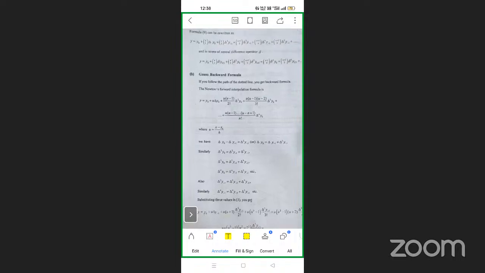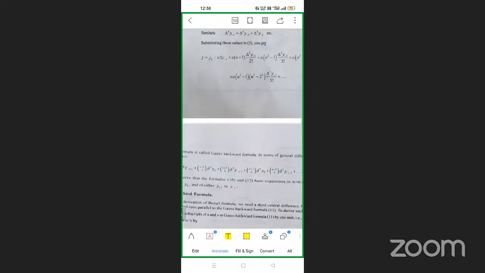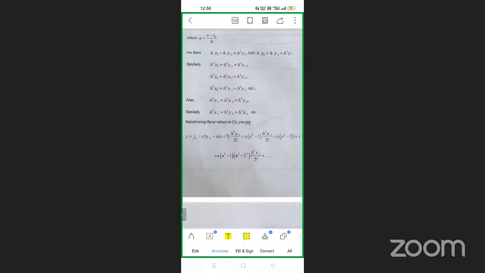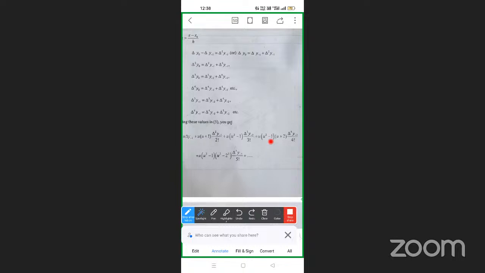The Gauss backward formula. So this is the backward formula. y is equal to y naught plus u into delta y minus 1 plus u into u plus 1 delta square y minus 1 by 2 factorial, plus u into u square minus 1 delta cube y minus 2 by 3 factorial, plus u into u square minus 1 into u plus 1 delta power 4 y minus 2 by 4 factorial, plus u into u square minus 1 u square minus 2 square into delta power 5 y minus 3 by 5 factorial.